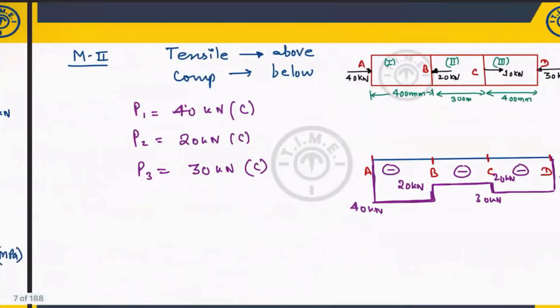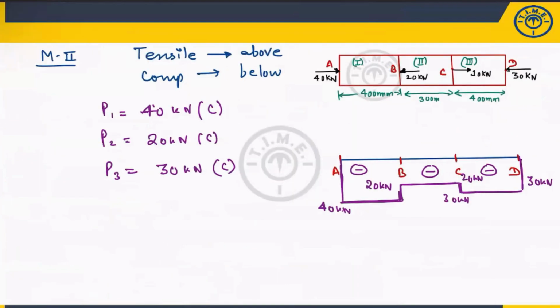So either you can use the method of section, free body diagram, or you can use the second method, which is nothing but the axial load diagram method. That means you are drawing the axial load diagram. Whatever the axial load which is acting, you are drawing the diagram, and from the diagram you are identifying which member is subjected to what kind of force. So the intermediate force member you can easily find.